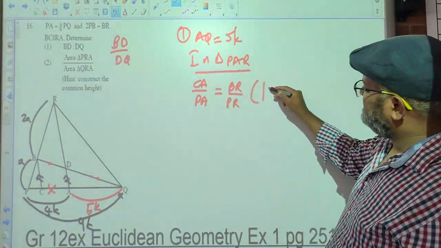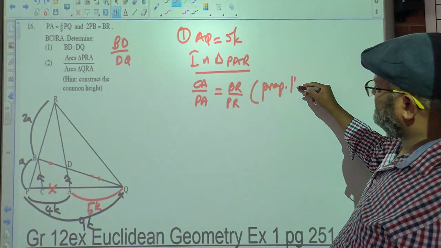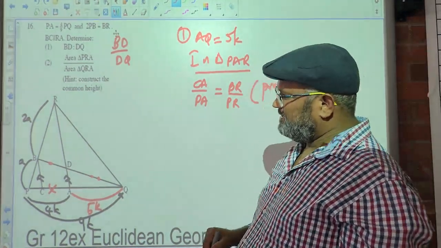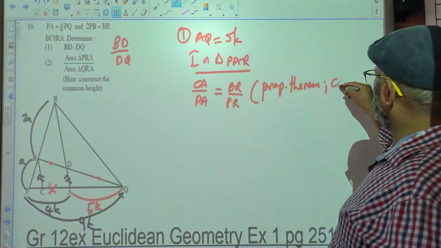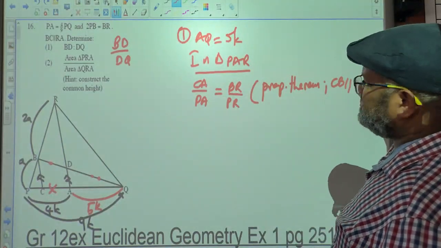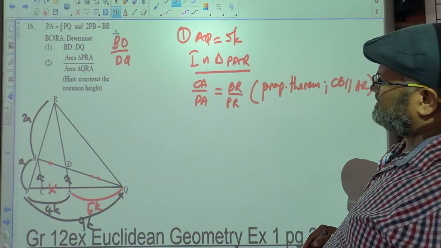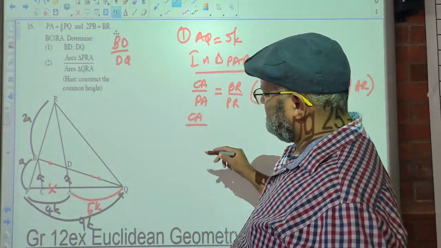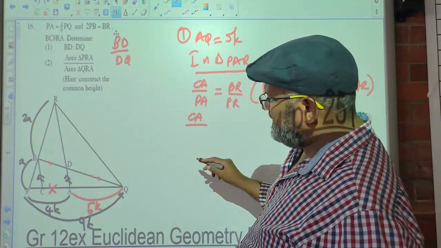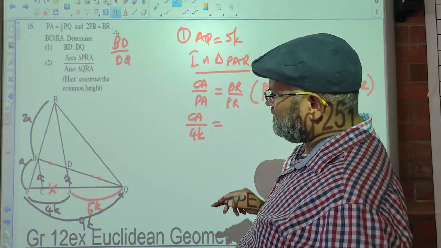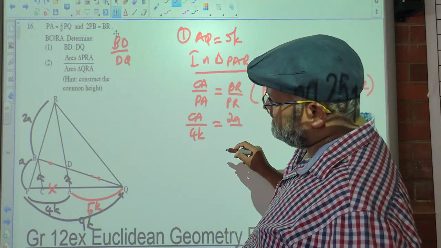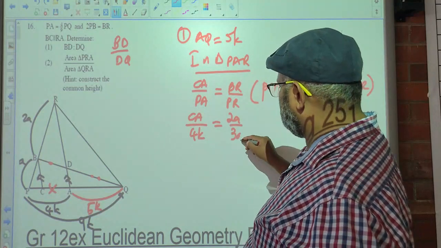Why? Because of the proportionality theorem with CB being parallel to AR. So CA is unknown over PA, which is 4K, is equal to BR, which is 2A, over PR, which is 3A.